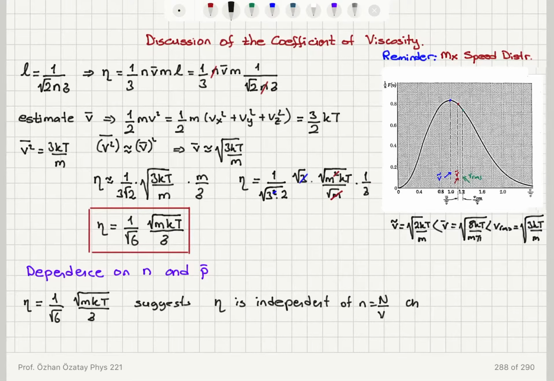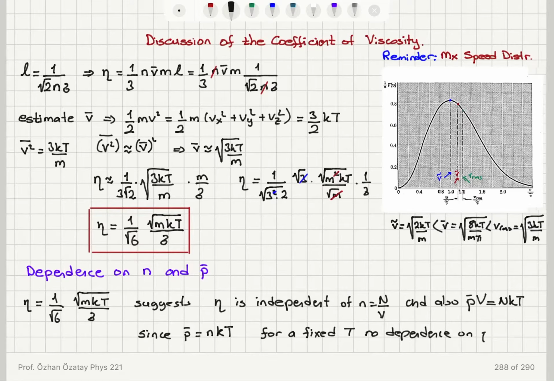Also, since for an ideal gas P bar V is equal to N kT, the number of molecules times Boltzmann constant times temperature, P bar is equal to n, the number density, times kT. So for a fixed temperature, we also have no dependence on the mean pressure.